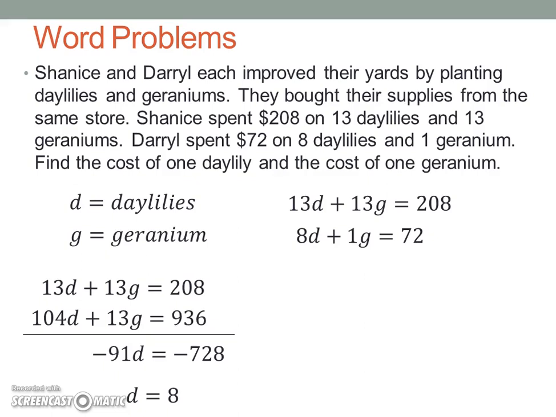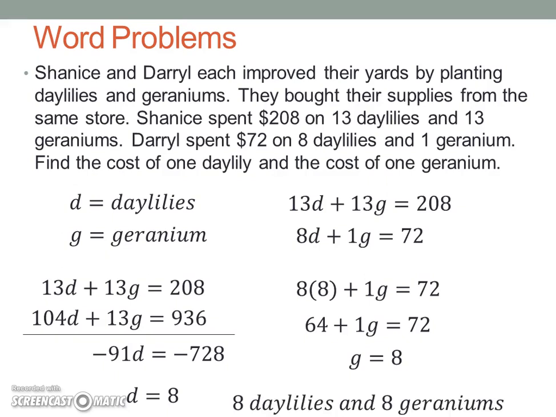I'm going to choose the second equation just because it's a 1G, so I'm going to find G quicker. So we do 8 times 8 plus 1G equals 72, subtract the 64, which is 8 times 8, and we find that G is 8. So the idea here is that the daylilies were $8 and the geraniums were $8.